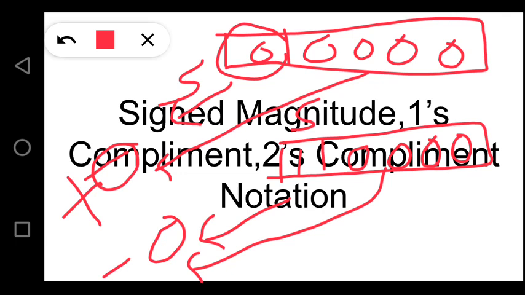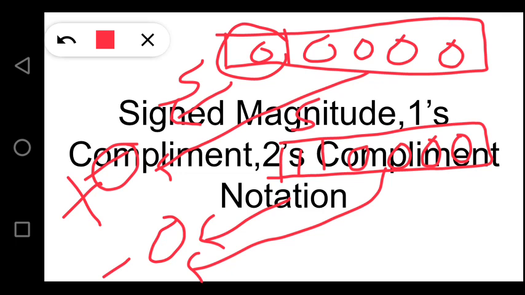But with this sign magnitude representation, what's happening? It is representing 0 two times, that is plus 0 and minus 0, which can lead to some uncertainty while performing arithmetic operations.